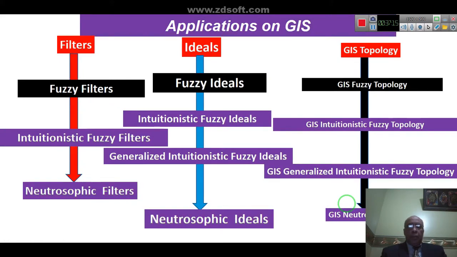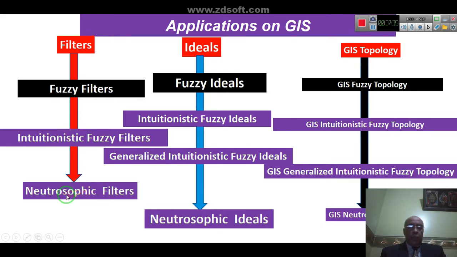Another application on GIS topology, or GIS, geographic information system. Filters, ideals, GIS topology. From filters to fuzzy filters to stochastic fuzzy filters to neutrosophic filters.